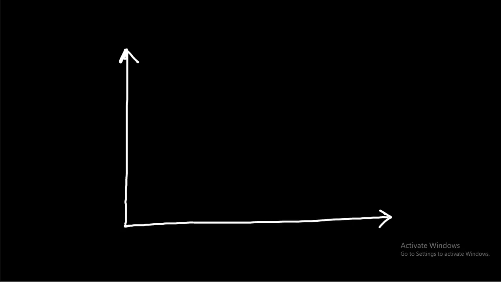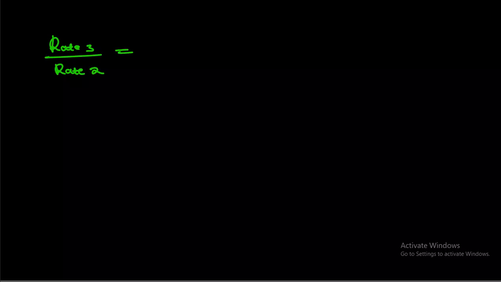Let's skip this part. I'll use it for solving harder questions. So I'm going to say rate 3 over rate 2 is equal to, it is not a must that you should start with rate 3.